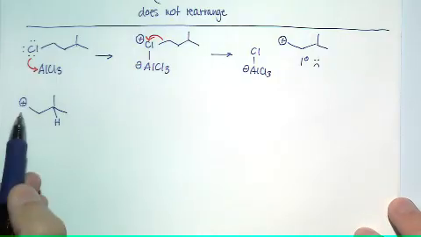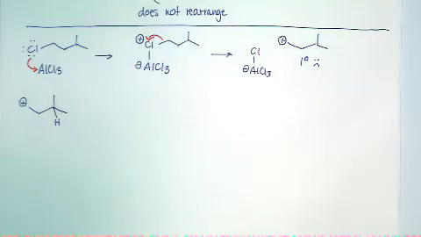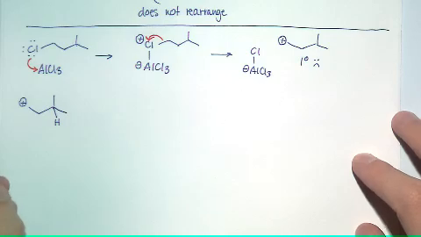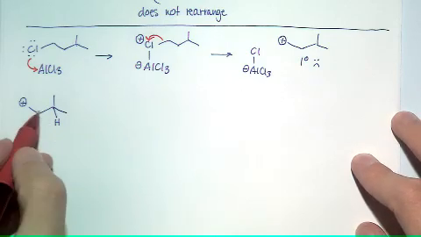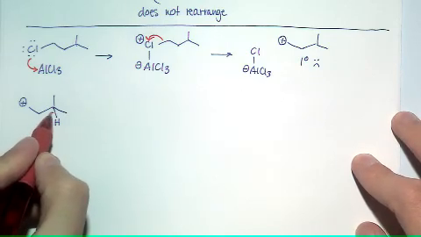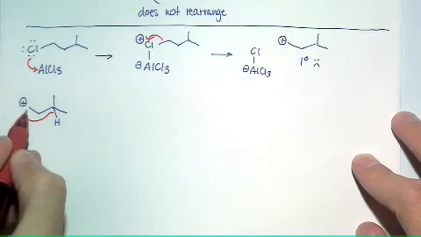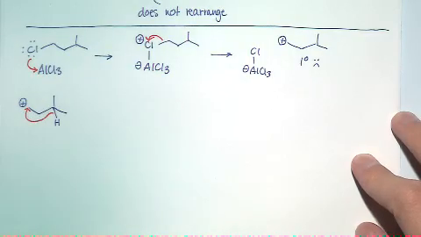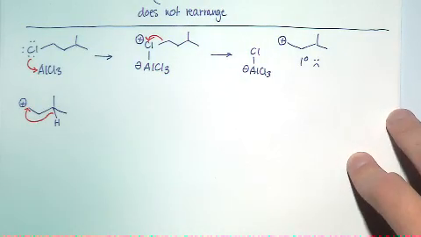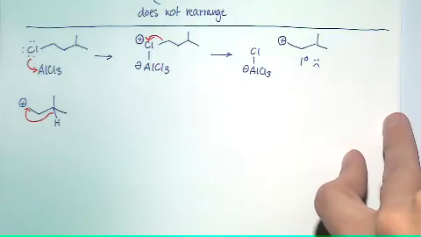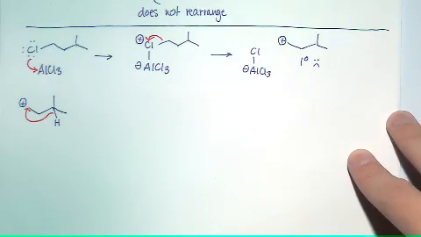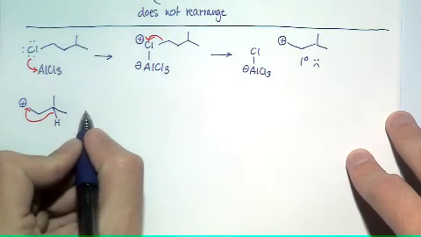And now in order to get the positive charge over there, well, we're not moving the positive charge, we're moving electrons in the opposite direction. And that causes the positive charge to move. And so we're going to break this bond. And instead, we're basically just shifting the hydrogen over to a different carbon.